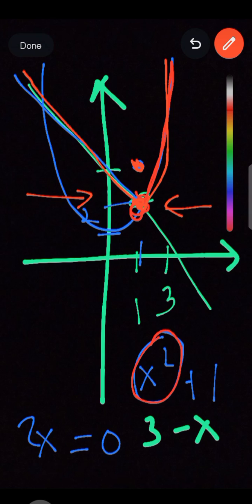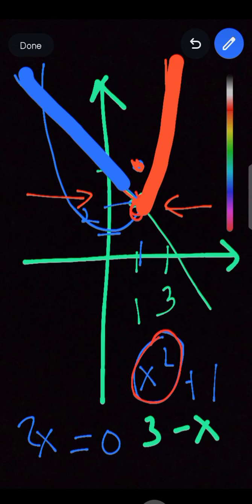Now, if x is tending to 1 from above, we are concerned with a quadratic, which is this graph, and you see that the function is tending to y equal to 2. As x tends to 1 from below, the function we are concerned with is this line, and you realize that the line is still tending to y equal to 2. So since the left hand limit and the right hand limit are all the same, then the limit of my function as x tends to 1 is equal to 2.